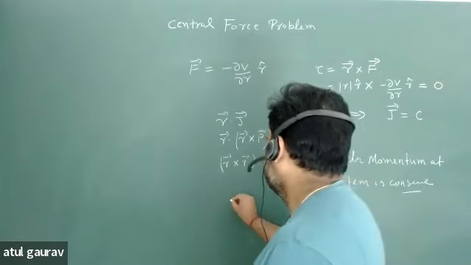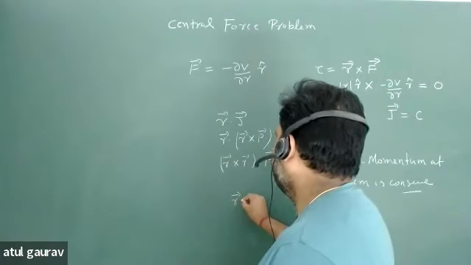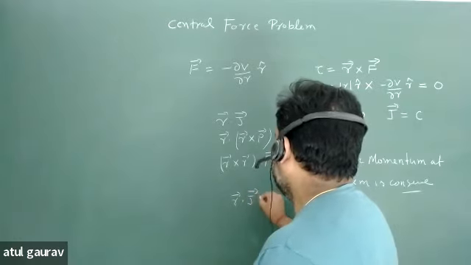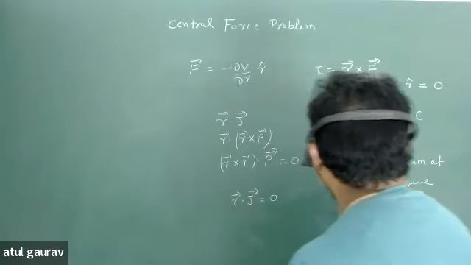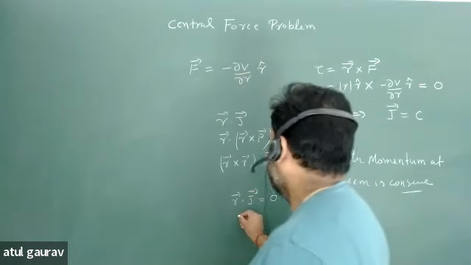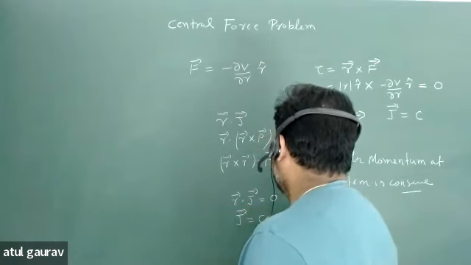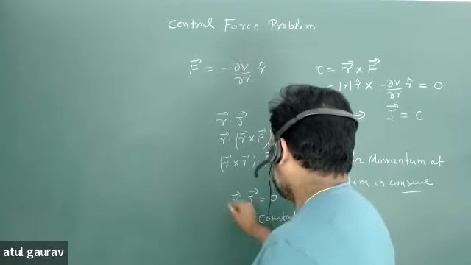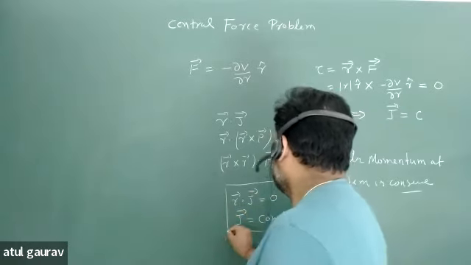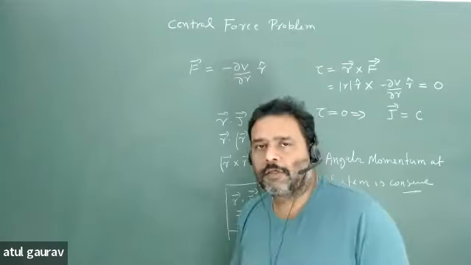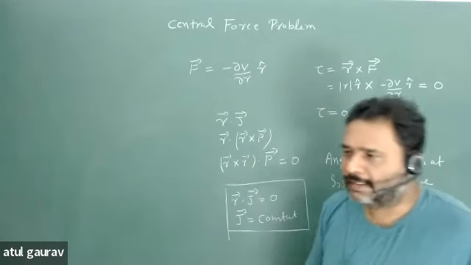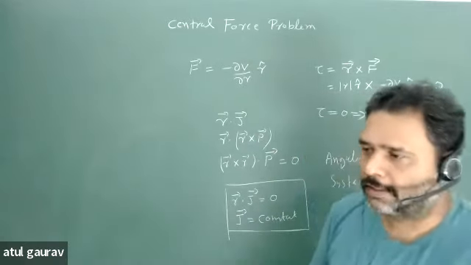The first thing is we have a very trivial situation that R dot J is equal to 0. And the other thing is that J is going to be constant. If I am talking about J, that means I am talking about magnitude as well as direction. So J as a vector is going to be constant.